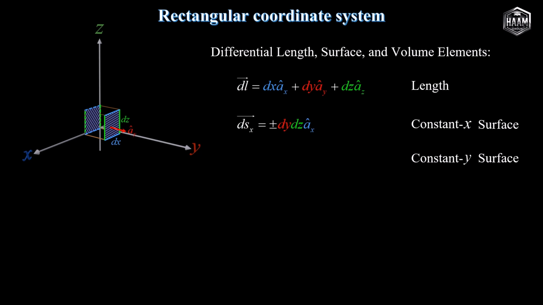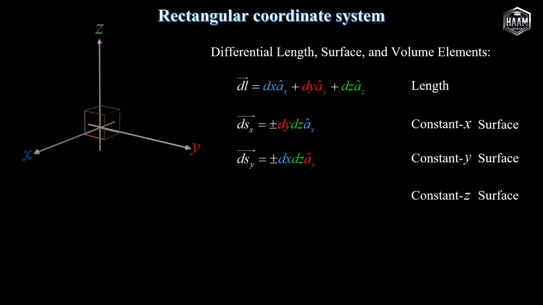It's perpendicular. That is, if we wish to move in the perpendicular direction toward the outside of the volume, we must move in the positive y direction. However, the back surface lies in the direction of negative a hat sub y. Therefore, ds sub y equals plus or minus dx dz times a hat sub y.